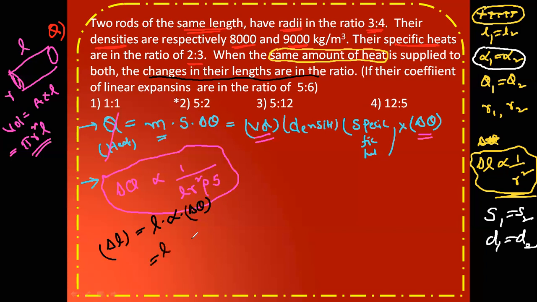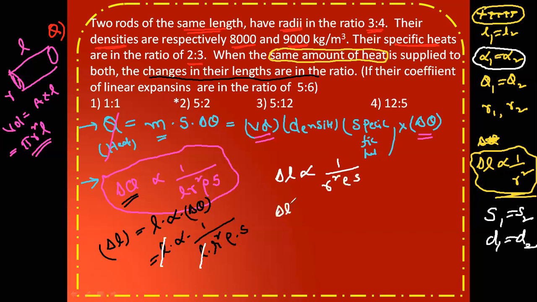So this is equal to L into alpha into delta theta, and delta theta I can write as 1 by L into R square into rho into S. Here I can cancel out L and L. So finally the expression we get: delta L is directly proportional to 1 upon R square into rho S.